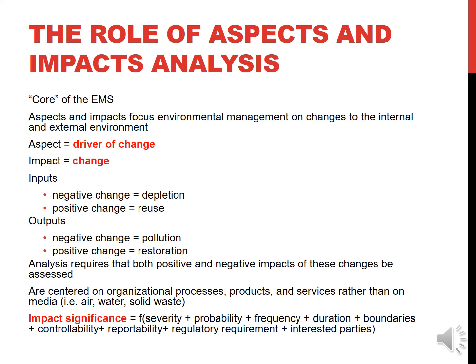When we look at aspects and impacts from a process standpoint, a negative change could be viewed as a depletion in an ecosystem, whereas a positive change could be reuse of materials. From an outputs viewpoint, a negative change would be pollution. A positive change could be restoration. One of the important aspects of an impacts analysis is that it includes both positive and negative impacts. Most analyses just focus on the negative.